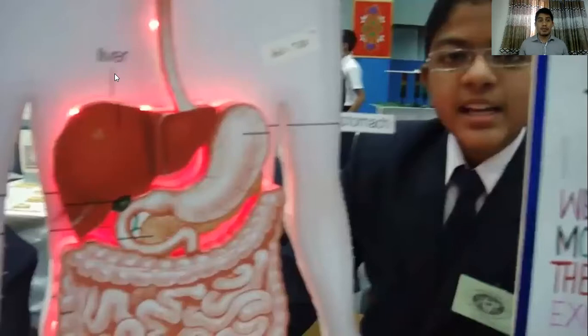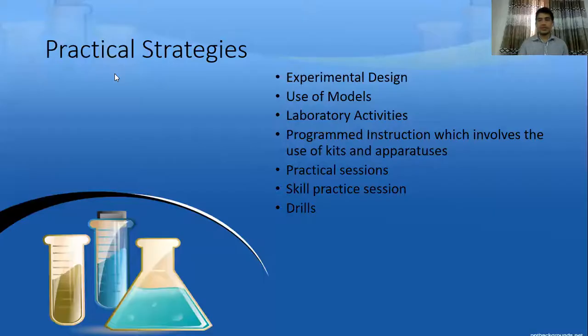Models can be used whenever you are discussing some of the internal organs in the body, so that children will be more hooked to what you are presenting because they see almost the real thing and can visualize what is inside their body. Not only that, you can use other models in teaching science. Now, what else?